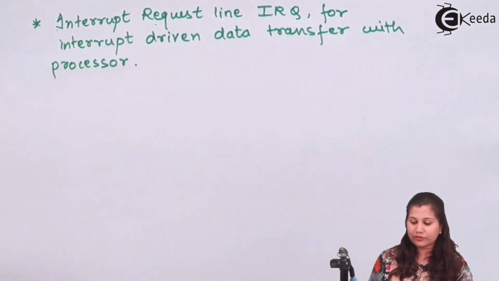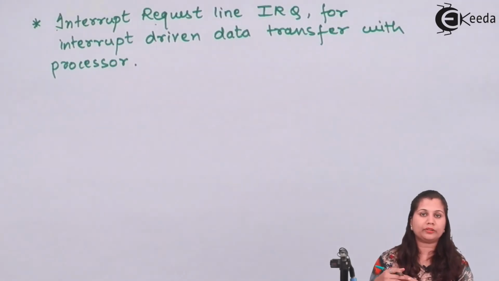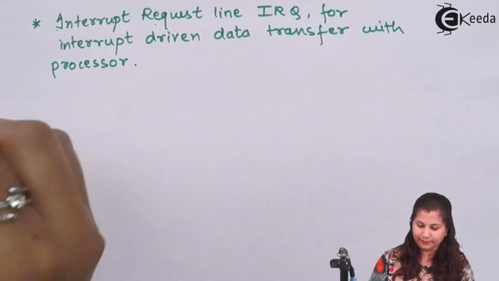This signal generated by the 8279 will interrupt the processor, and then the processor is going to read the status, the key codes, or the status of the switches from the FIFO sensor RAM.